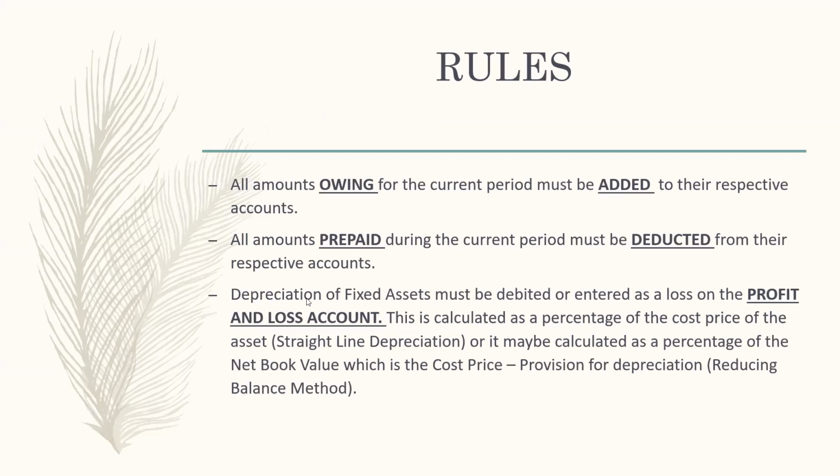When we are looking at amounts owing, all amounts owing for the current period must be added to their respective accounts. So what does that mean? Let's say you are a business owner, and you have to pay rent every month to occupy the space for your business.